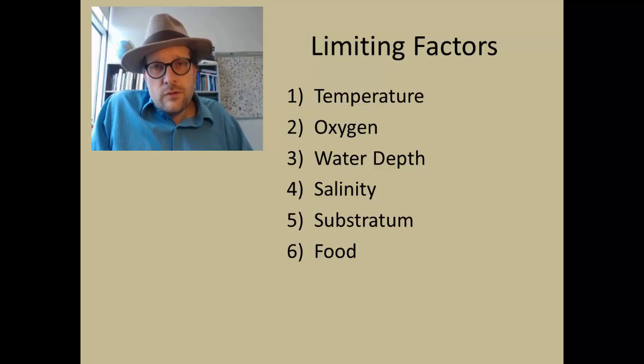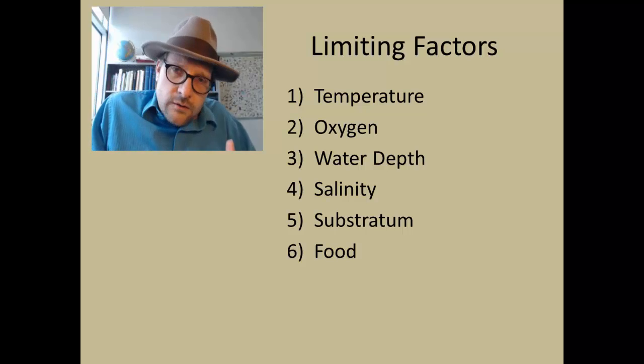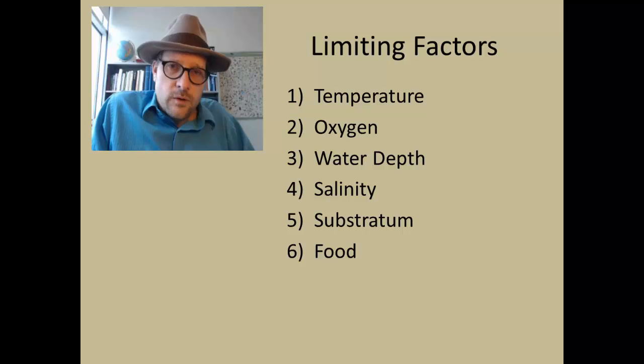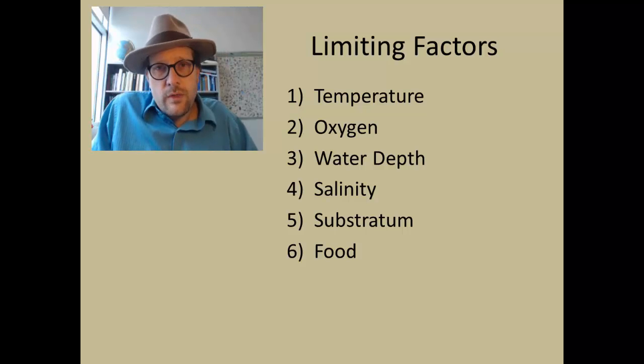So when we're reconstructing the environment, these are things that we can actually use the fossil record to reconstruct what the ancient marine system was like. So let's look at these real quickly and run through them.